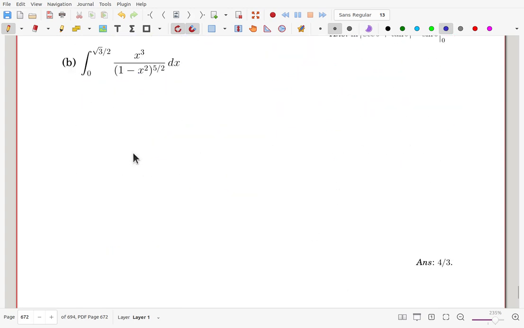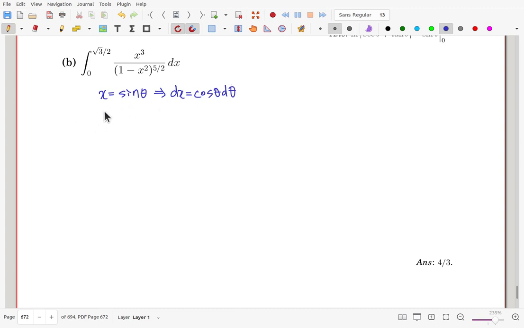Let's go to this one. Now, for that one, here, x squared cannot be larger than 1. So here, we are choosing x equal to sine theta. Then dx equals cosine theta d theta, right?